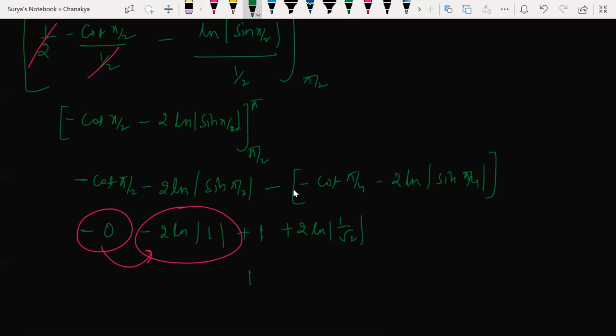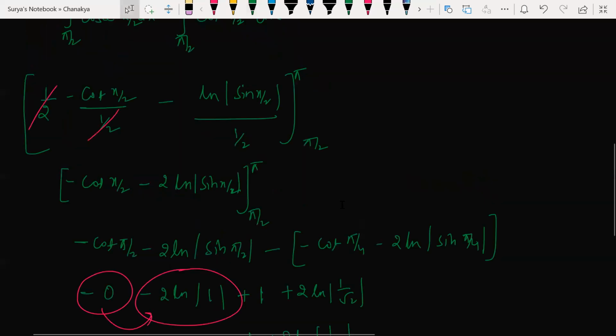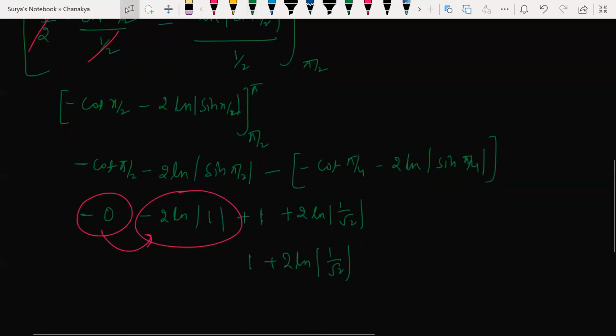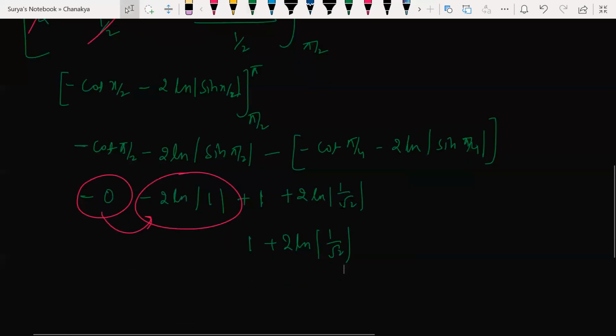Next, 1 plus 2 times ln 1 by root 2 is your answer. Correct? Getting my point? This is your answer. Hope it is clear. It is substitution of pi in place of x and proceeding with that.